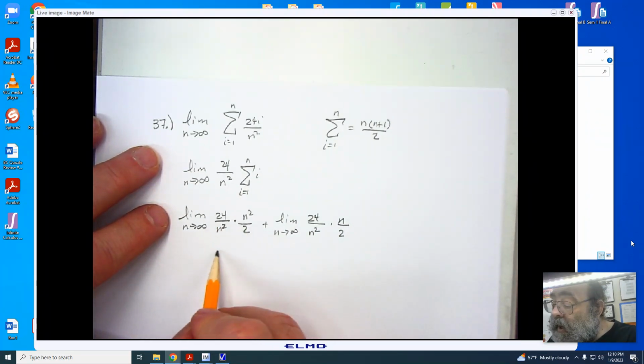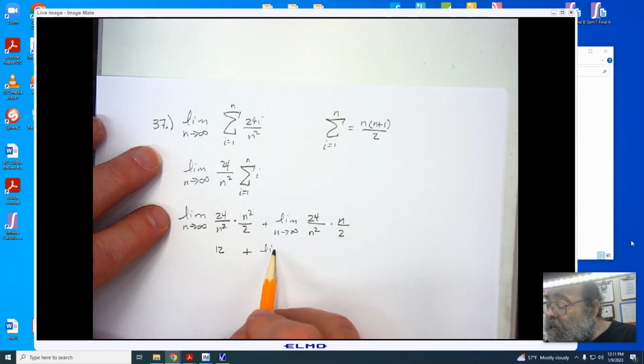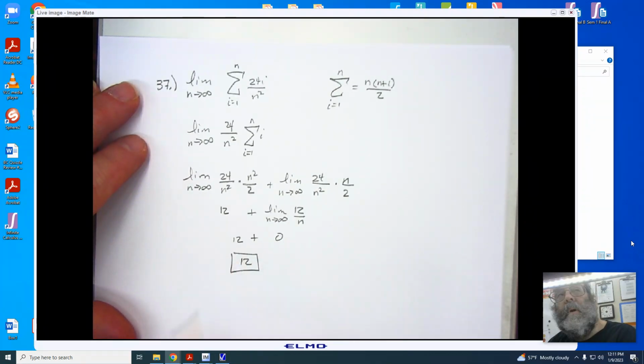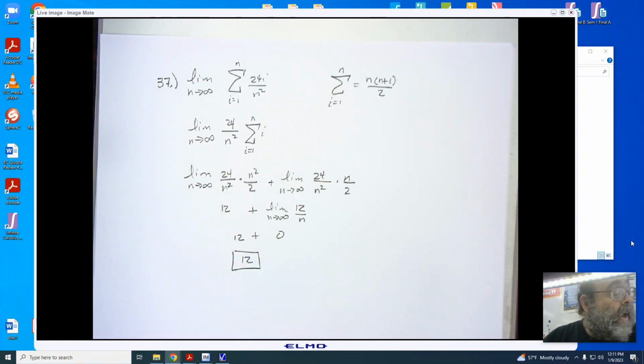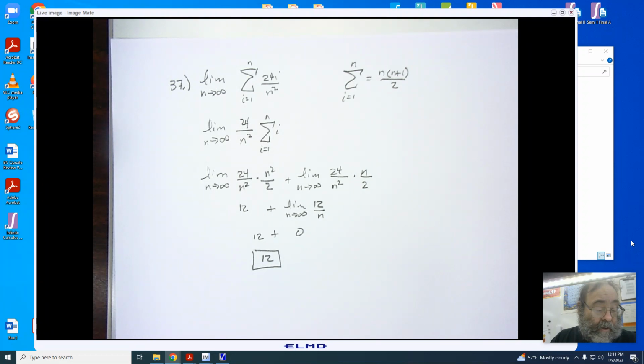Notice that this piece right here has 12 plus the limit as n approaches infinity for 12 over n. And this goes to 0. So my answer is 12. That is what I'm trying to find in number 37. Once again, this is all we're trying to do. I only asked you to do one of those.